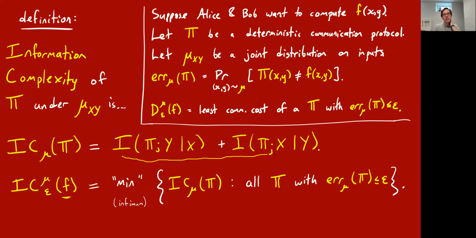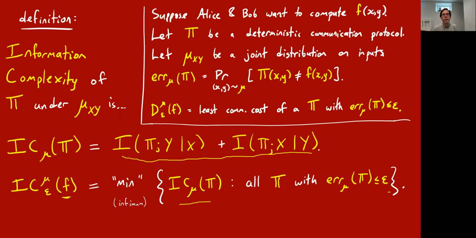They try to minimize the sum of these two information amounts. So the protocol which minimizes the amount of information it creates, among all protocols that achieve error at most epsilon, is called the information complexity of f under distribution mu.